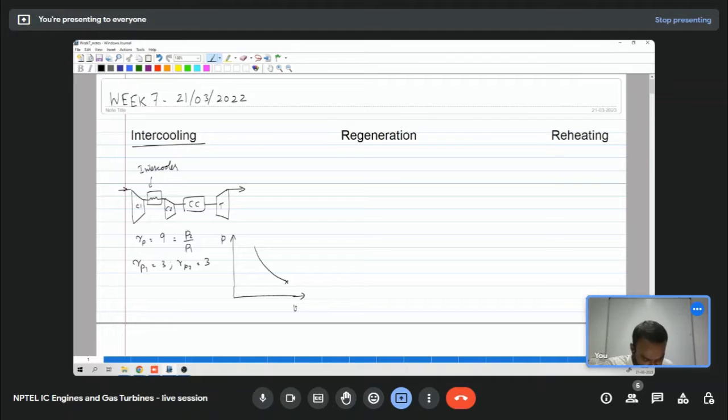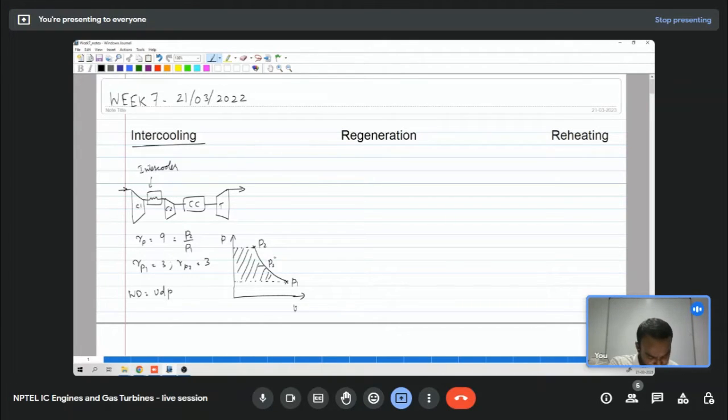And since it is a flow machine, we say the work done is V dP. So this entire region will be the work done for a general compressor. Now if you want to cool down, assume this is P1 and this is P2.